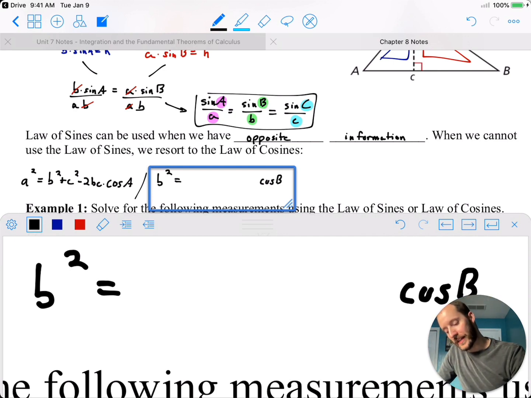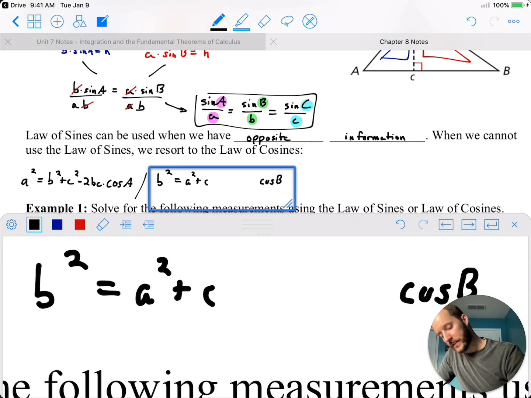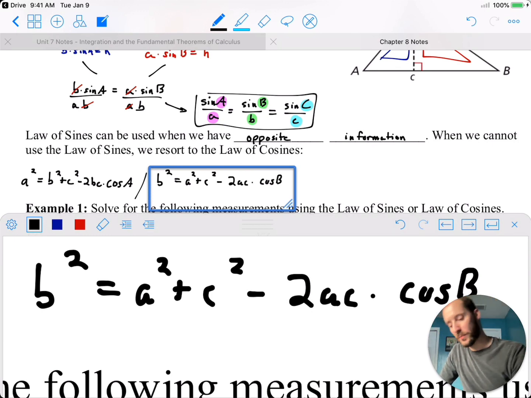So b squared equals a squared plus c squared, then minus 2 of those letters times cosine big B.